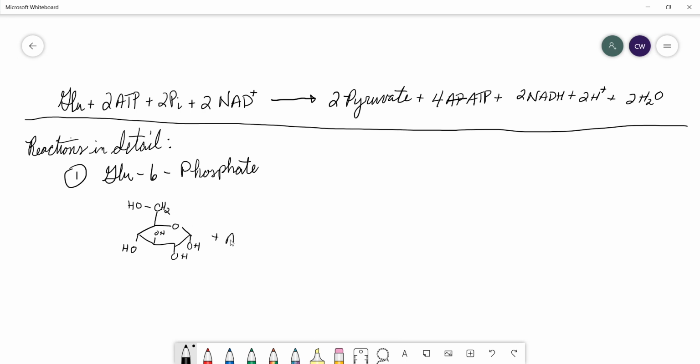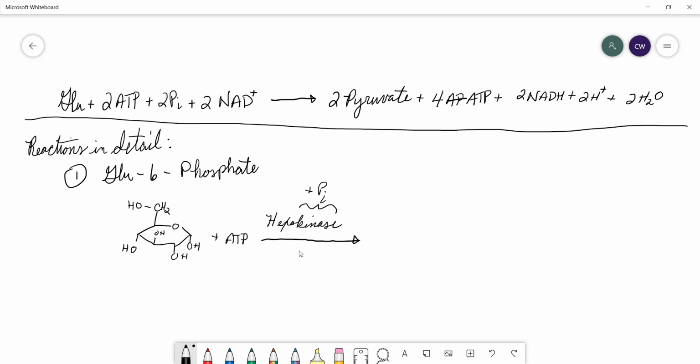That will be combined with 1 ATP molecule by the enzyme hexokinase. Kinase adds inorganic phosphate to molecules.